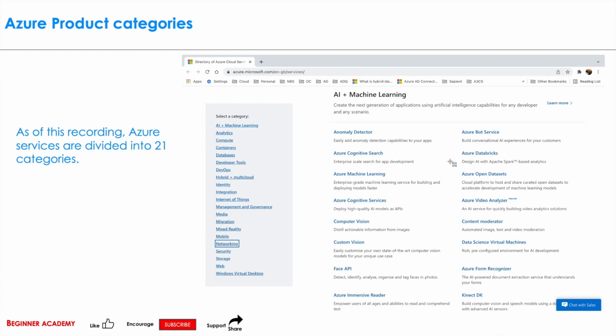For example, you can see AI, analytics, compute, IoT, DevOps, machine learning, networking. All these are the categories. Inside them, 600 plus services are running. Let us go to the next slide.